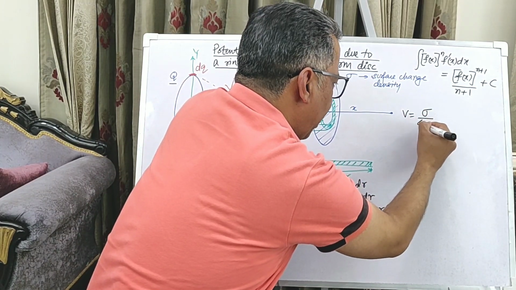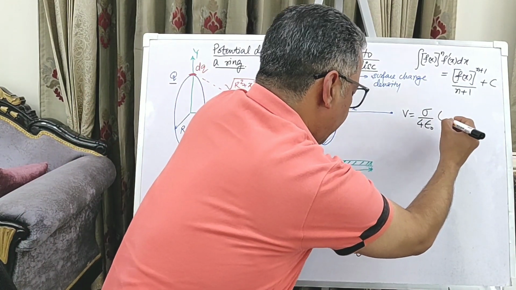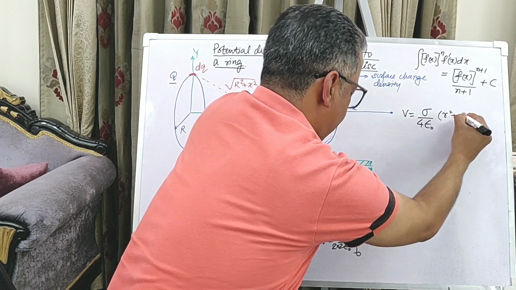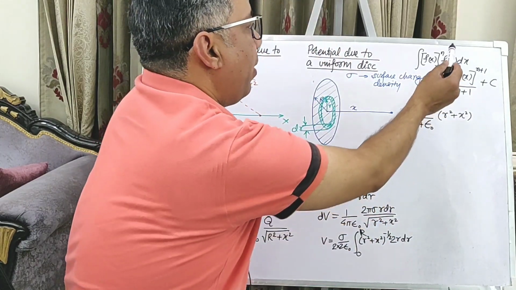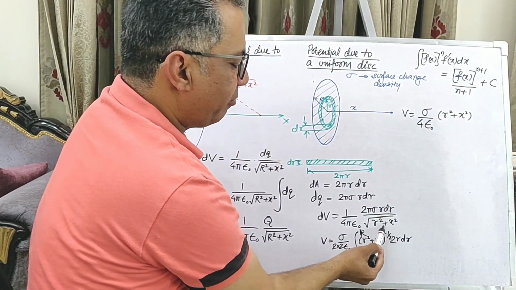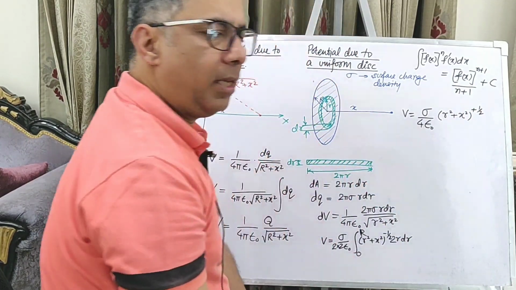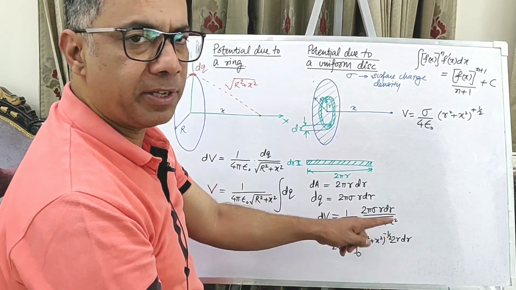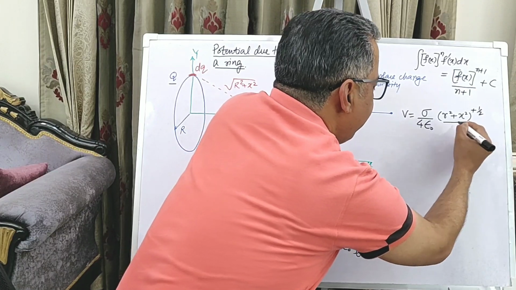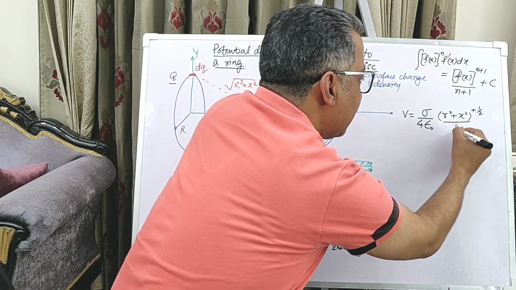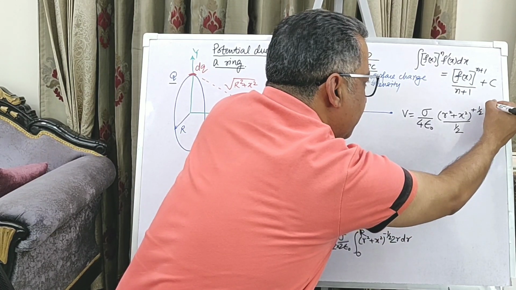Sigma by 4 epsilon naught, and here we have (r square plus x square) to the power n plus 1. This n here was minus half, so n plus 1 will be plus half. You know, we had n equal to minus half here, n plus 1 will therefore be plus half, divided by that power plus half, and the limits are from 0 to r.